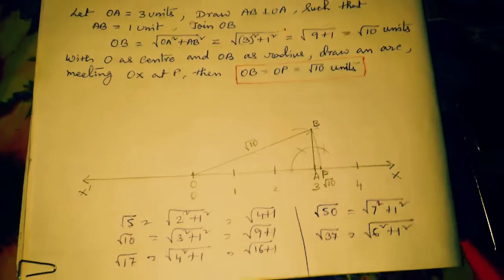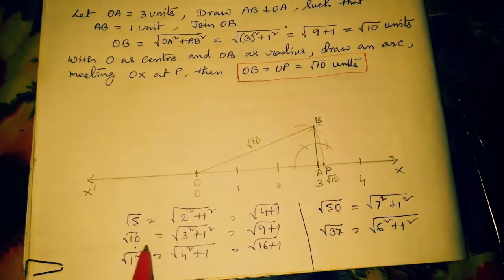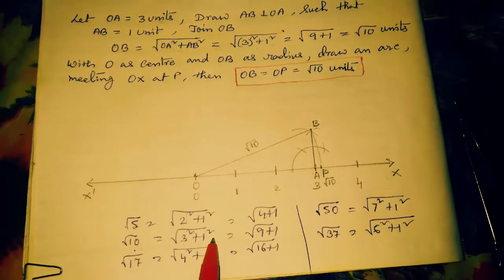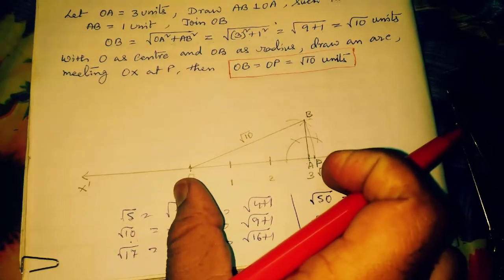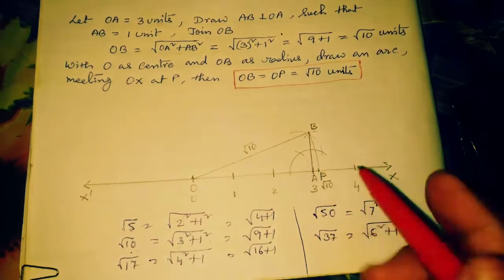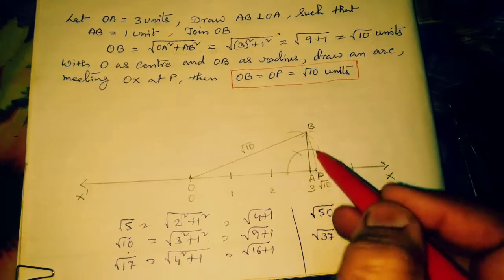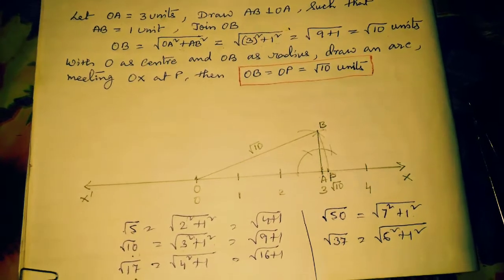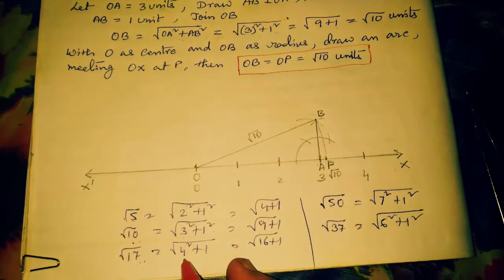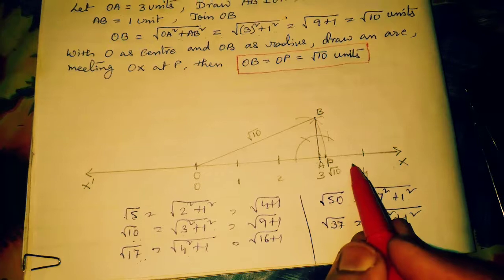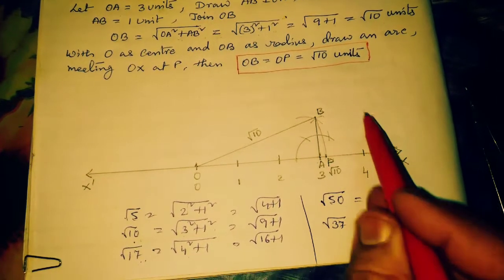So what you actually have to do here: when it is given root 10, it means 3 whole square plus 1 whole square. So I have taken 3 units on the x-axis, and 1 unit on the y-axis, the perpendicular part. Similarly, if it is given root 17, we'll take 4 units on the x-axis, and from there draw a perpendicular of 1 unit.